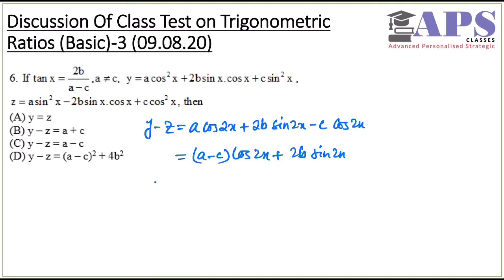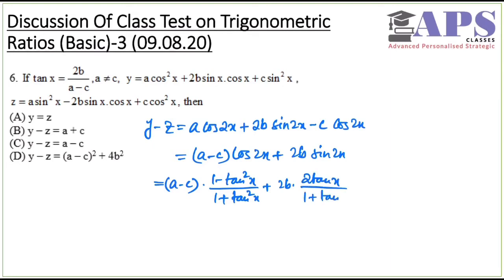If tan x equal to that, I can write this cos 2x in terms of tan, that is 1 minus tan square x by 1 plus tan square x, plus 2b into sin 2x can be written as 2 tan x by 1 plus tan square x.